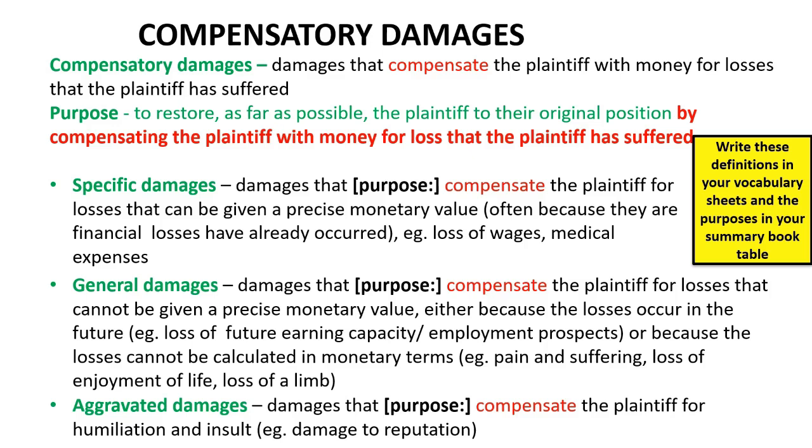Summarise what I've just said about the extent to which aggravated damages achieve the overarching purpose of civil remedies in the right-hand column of your summary book table. The reference to extent means that you have to explain how aggravated damages do achieve this overarching purpose of civil remedies, as well as the limitations on the ability of aggravated damages to achieve this overarching purpose.